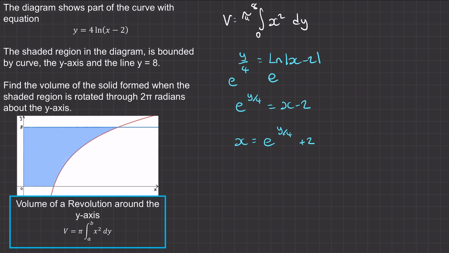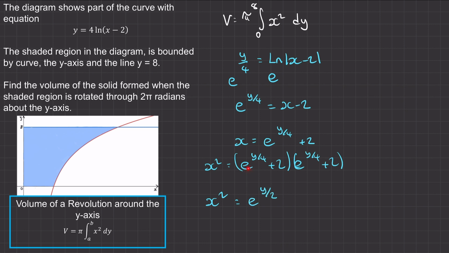But we need x squared, so we need to square this. So x squared will be e to the y over 4 plus 2 all squared. But this is difficult to integrate, so we'll expand these brackets out. So now we get x squared is equal to e to the y over 4 multiplied by itself, and this is e to the y over 2.